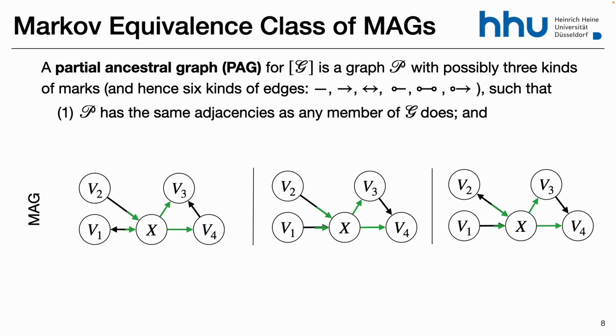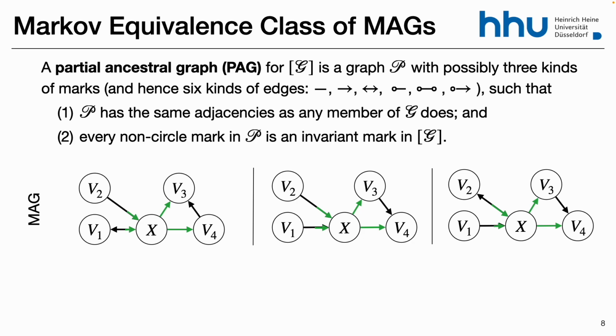First of all, P is going to have the same adjacencies of all the MAGs, since they are part of the same equivalence class, and the first criterion is that they have the same skeleton. So of course the PAG is going to have the same skeleton as all its members.